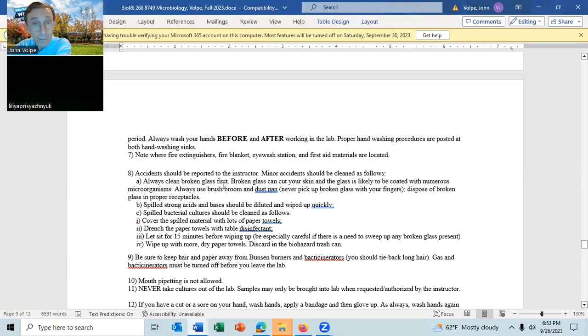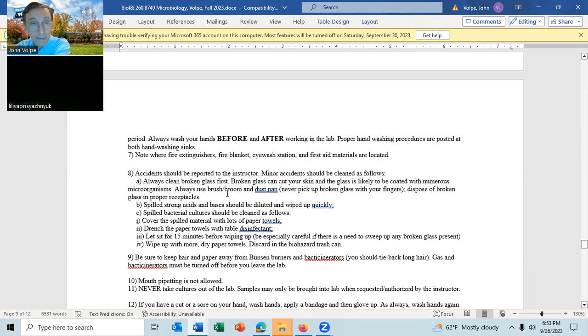Minor accidents should be cleaned up as follows. Always clean broken glass first. Broken glass can cut your skin, and the glass is likely to be coated with numerous microorganisms. So always use a broom and brush and a dustpan to pick up broken glass. Never use your hands.